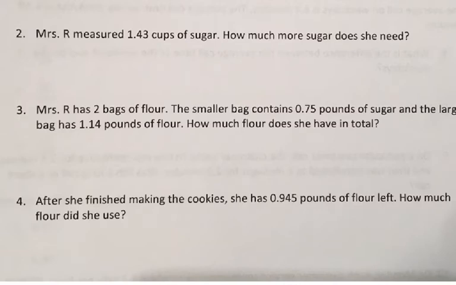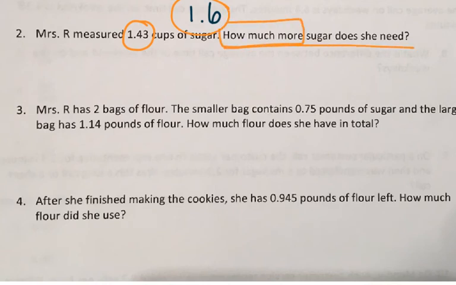Now let's use our cubes method. Let's circle our numbers. Okay, and we're actually going to use 1.6 as well, because I need to know how much sugar I need in total. Underline your question, box in your keywords, evaluate and solve. I need to know how much more sugar I need. I measured 1.43.